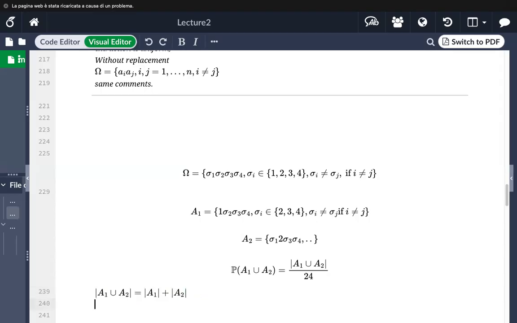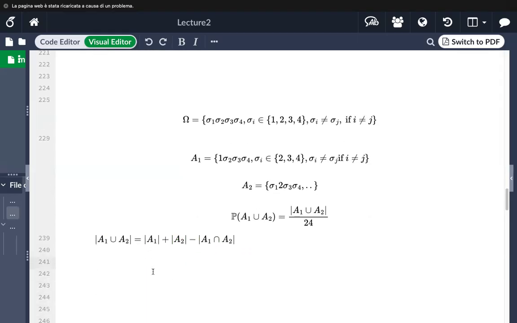This would be correct if there were no intersection, but there is some intersection. So A1 cap A2, and we are counting these elements twice when we sum. So we rely on this formula here, and we substitute this equality here.